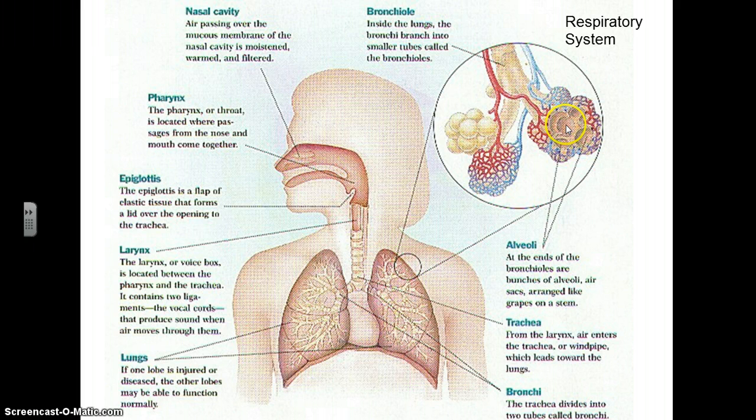They're these sacs that you can see are surrounded by blood vessels, these thin capillaries. So what happens is the blood that is relatively low in oxygen, which is coming from the heart, gains oxygen, and then that oxygen-rich blood flows back to the heart through the pulmonary vein.